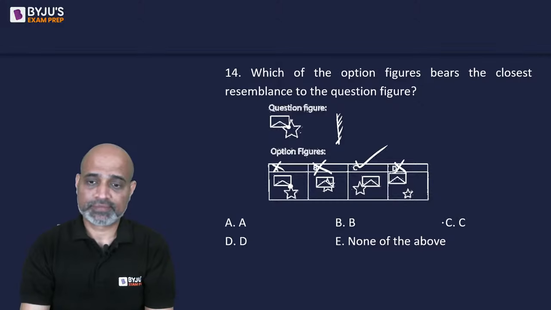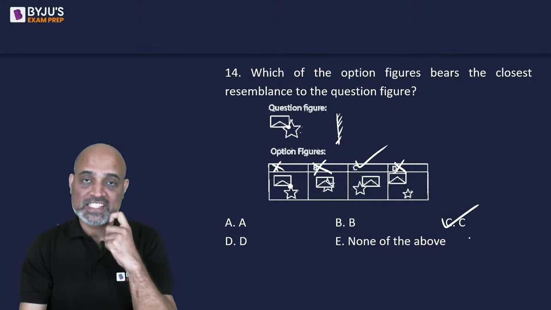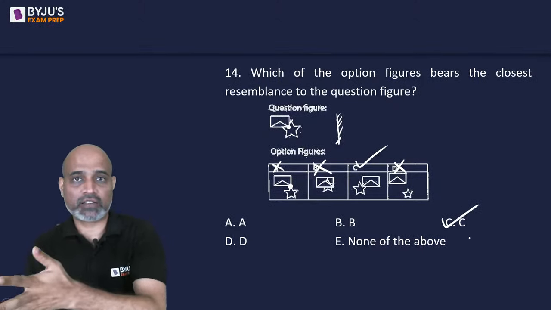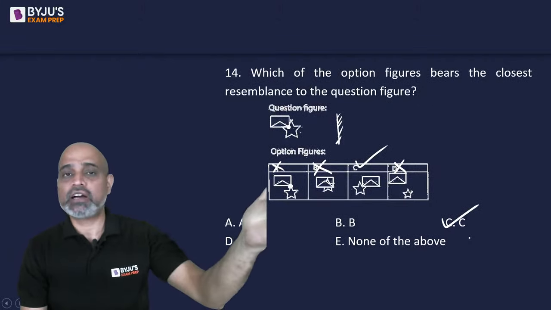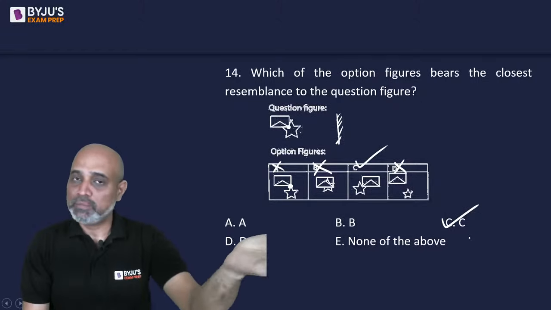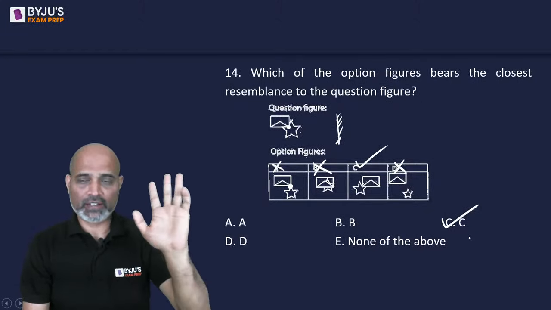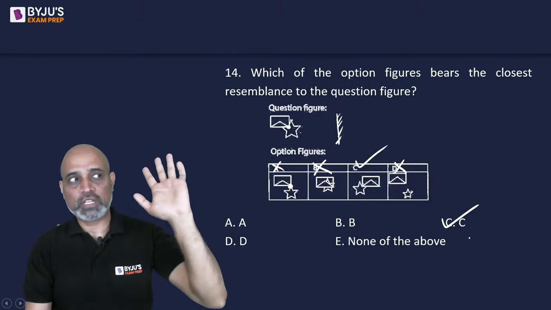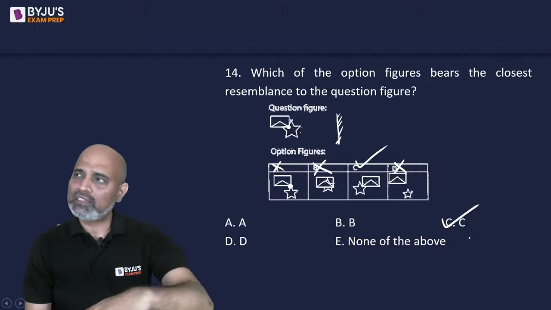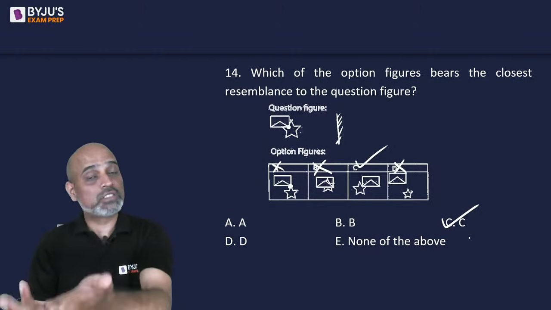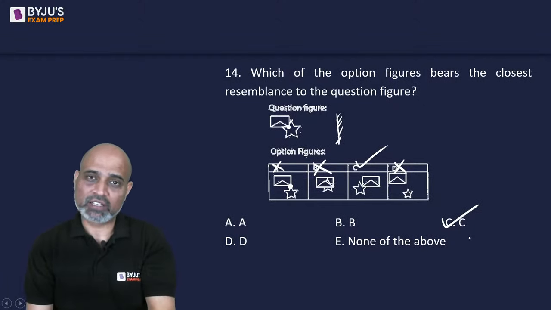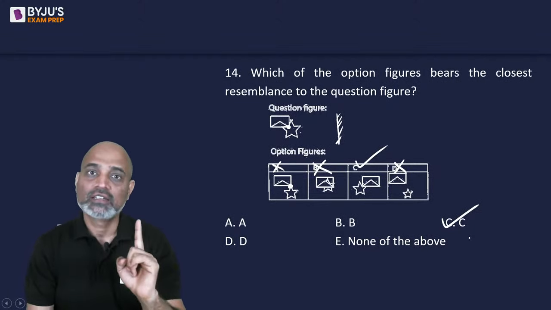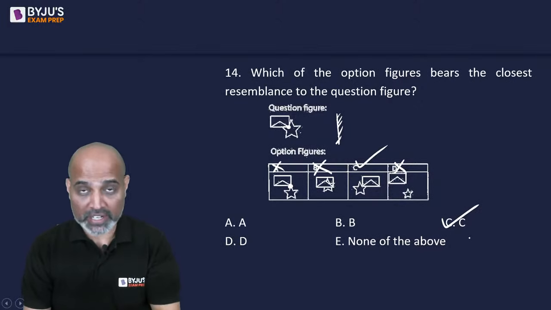Okay? Resemblance doesn't mean that it should look exactly the same. Suppose you see somebody in the mirror, not in real life, and a couple of days later you see that person in reality, in front of you, you'll be like, yes, this face looks familiar, even though it was a mirror image, right?